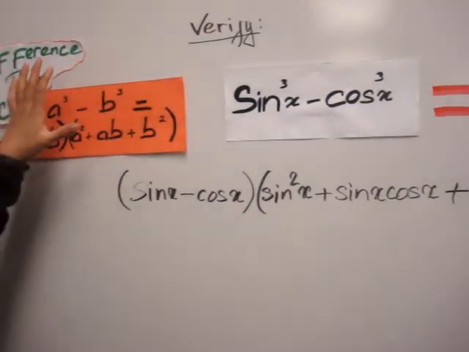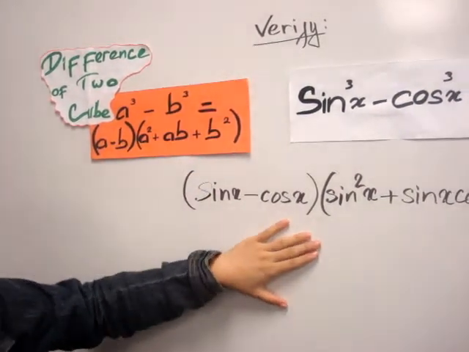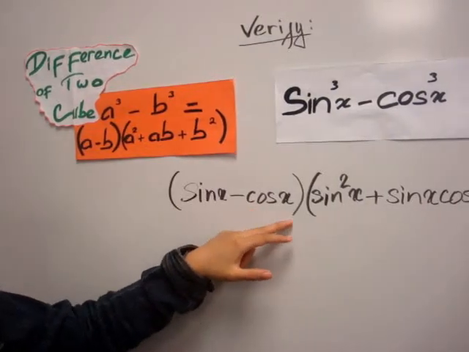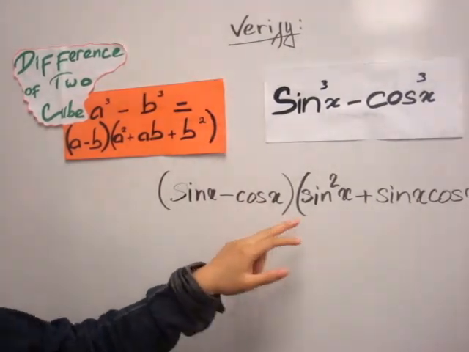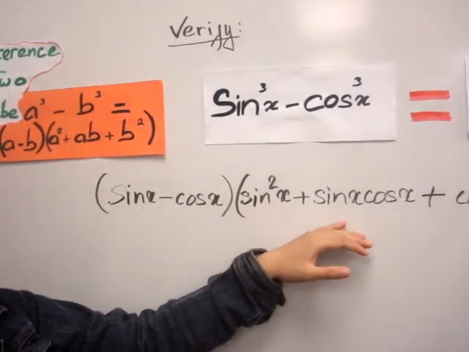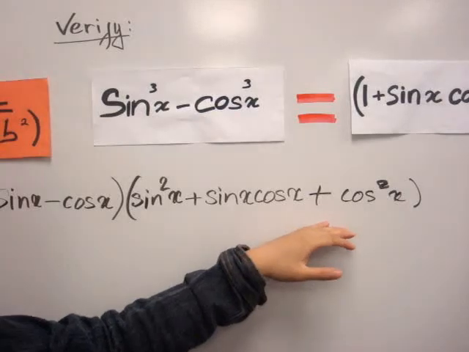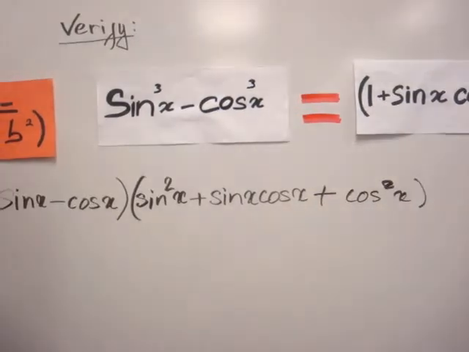To apply the formula to this problem, that's going to be sine x minus cosine x times sine squared x plus cosine x sine x plus cosine squared x.